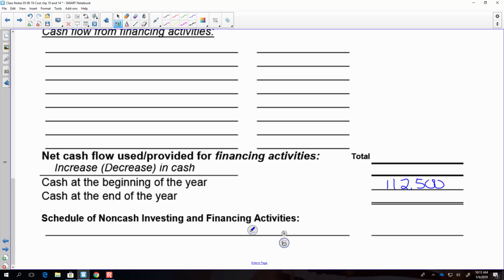I ended up with 350. Bankers love that. Positive cash flow. And that change is 237.5. So that's hopefully what we end up with when we're all done here.